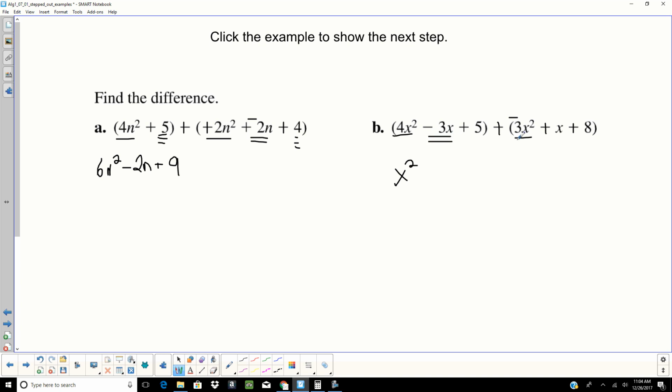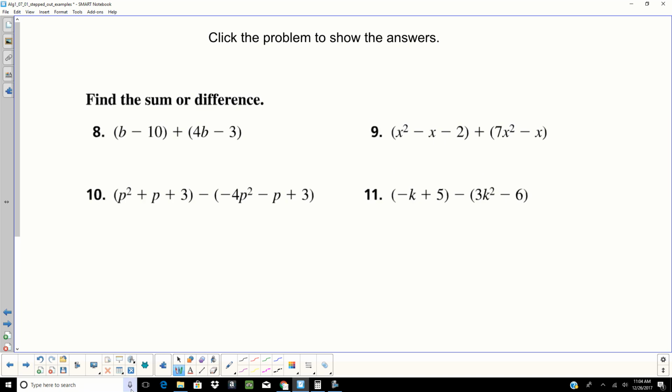Minus 3 plus 1 is minus 2x. 5 plus 8 is 13. Take a second, try these 4 on your own, hit pause, and then check your answer.